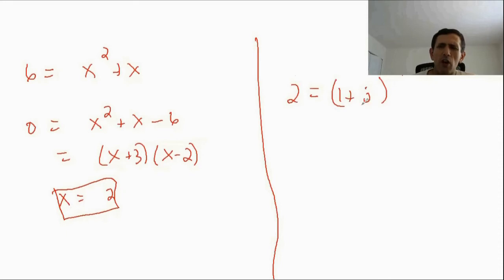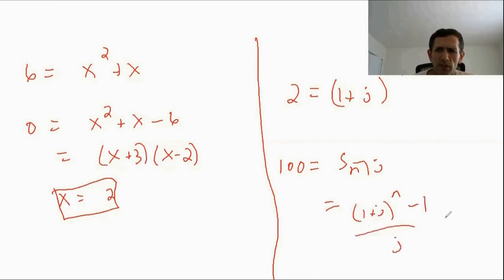So how do we solve for j? Well, again, we do the same thing here. We have 100. We do the exact same thing we did last time. 100 is S_nj, and we plug into the formula. Maybe make the j a little smaller so I can fit this in.